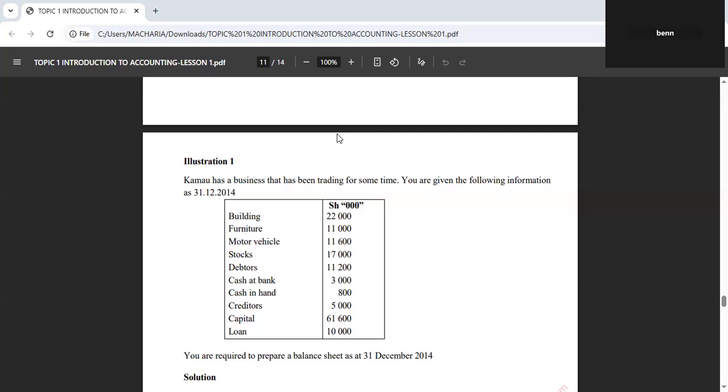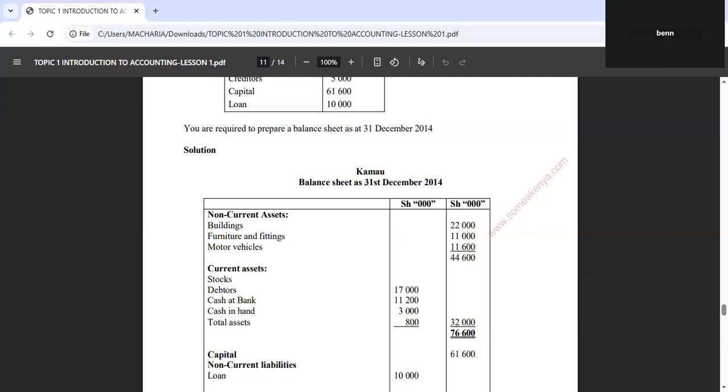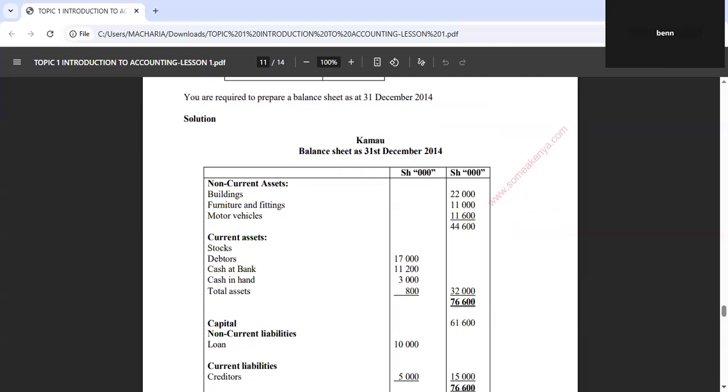I'm seeing you have given me an answer. Assets 148,200, liabilities 143,200. Okay, let's see where you went wrong. You are required to come up with the balance sheet. This is how the balance sheet will look. Assets: non-current assets are 44,600.